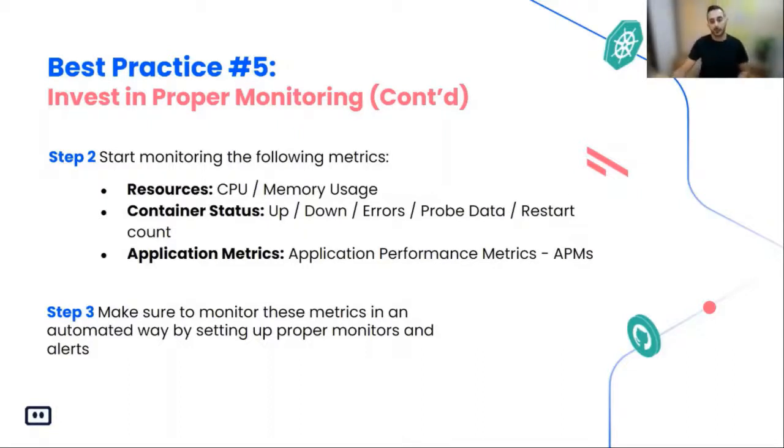And the last but not least, again, is application metrics, APMs. It's probably one of the clearest ways to get as much context in your application when troubleshooting. The APMs give you everything that happened in your application.